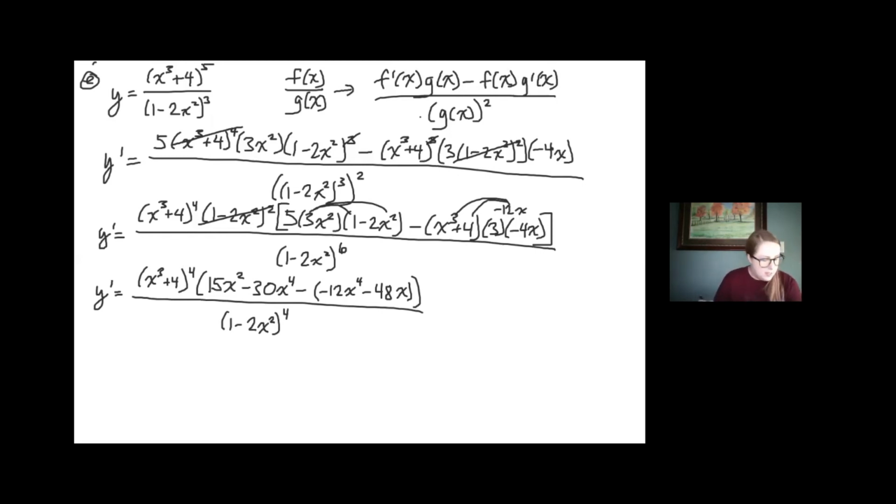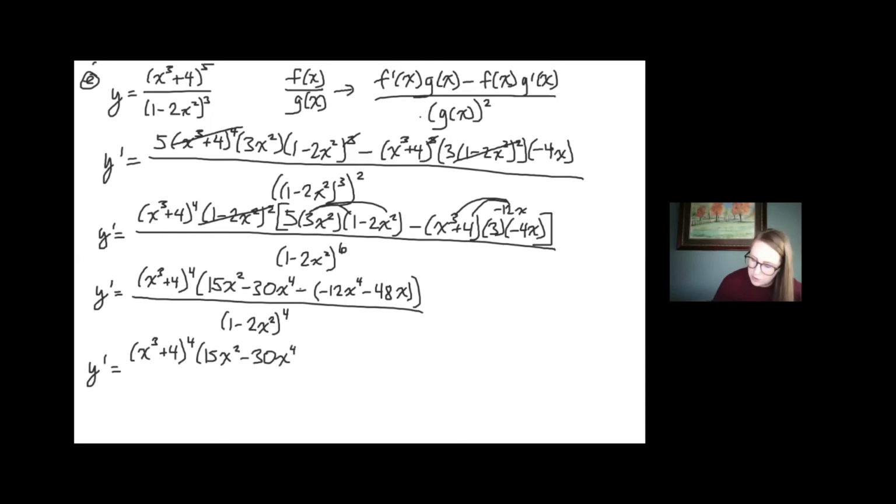Okay, let's combine like terms. Well, first, in the numerator, we got to deal with the signs that are happening. So we still have x cubed plus 4 to the 4th times 15x squared minus 30x to the 4th.